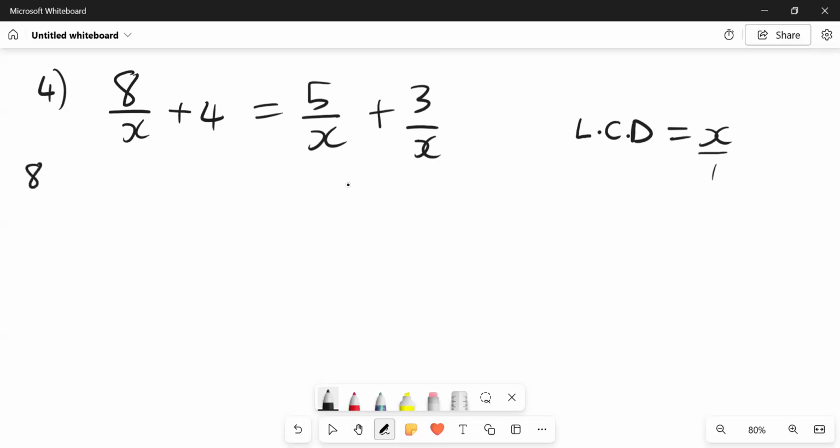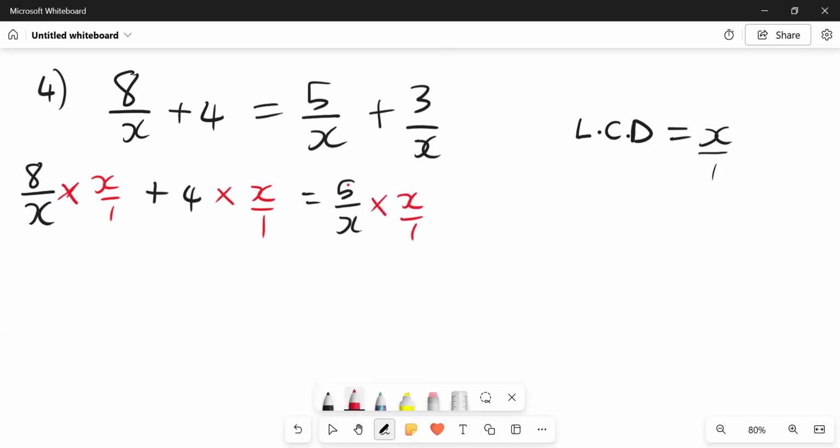Let's start with the first term, 8 over x, multiply it with x over 1, plus 4, multiply it with x over 1, equals to 5 over x, multiply it with x over 1, and then plus 3 over x, you multiply it with x over 1.